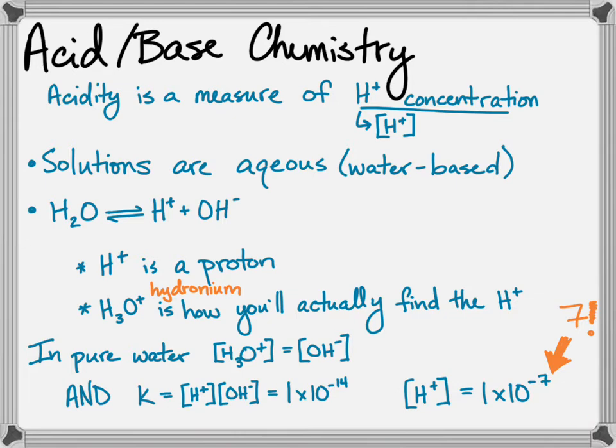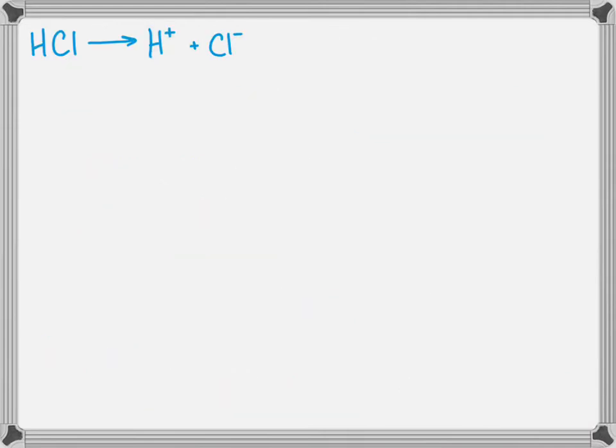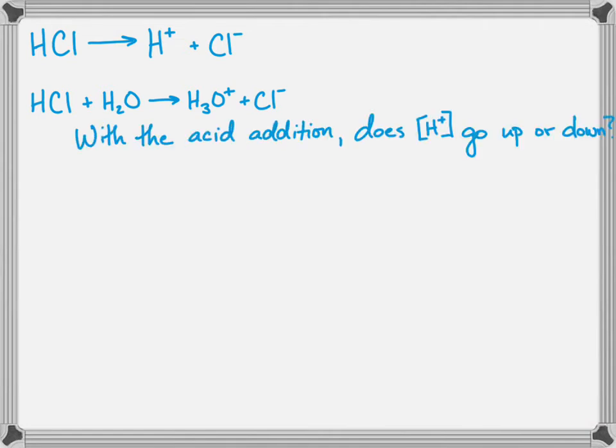So let's dig into that a little bit more. When an acid is added to water, it dissociates and forms its ions. Adding water to this equation, we see the hydronium ion is formed. So does hydrogen ion concentration go up or down?